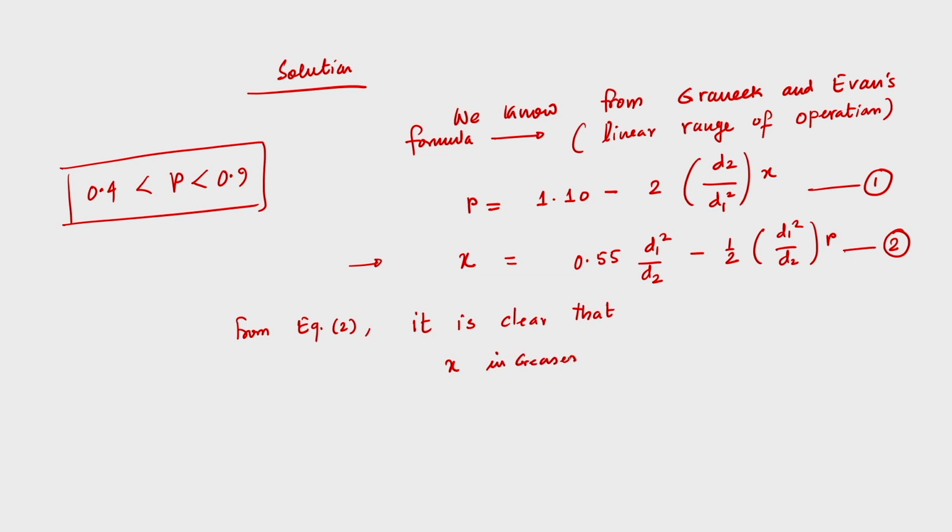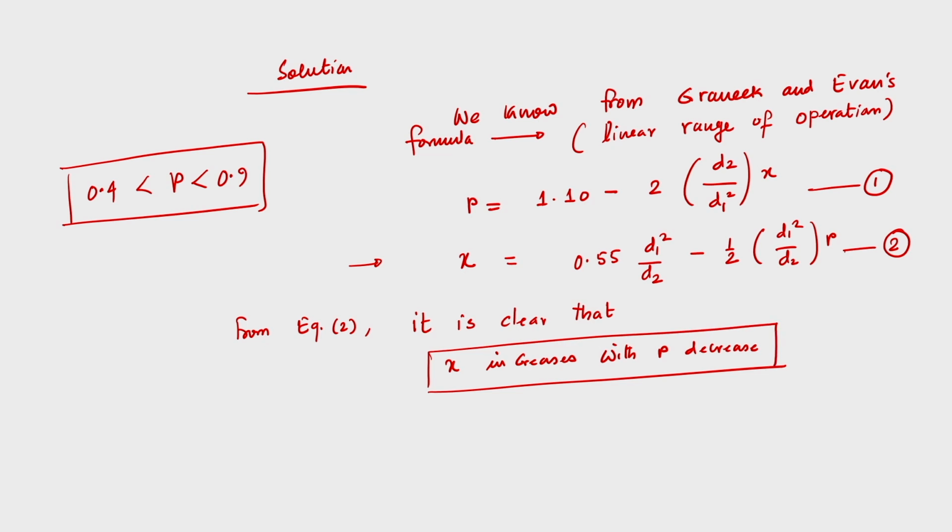So, x increases as R decreases. If R decreases, x will increase and vice versa. So, we can write x max as 0.55 d1 square by d2 minus half d1 square by d2 into 0.4, because we get the maximum value of x when R is minimum.